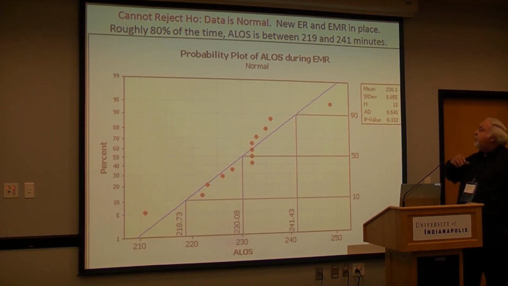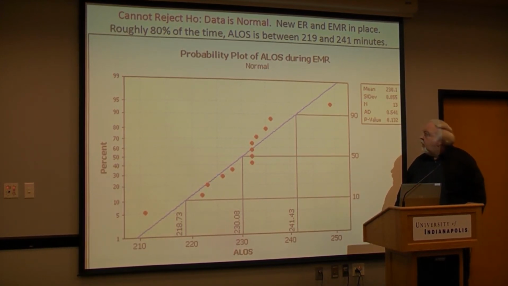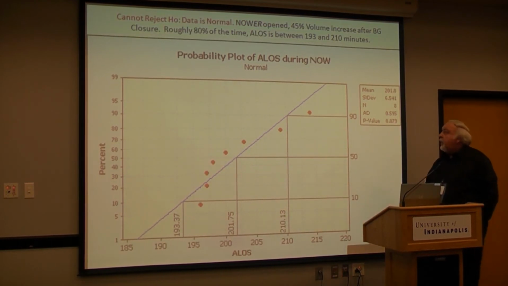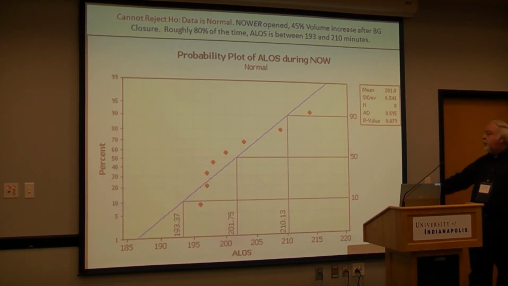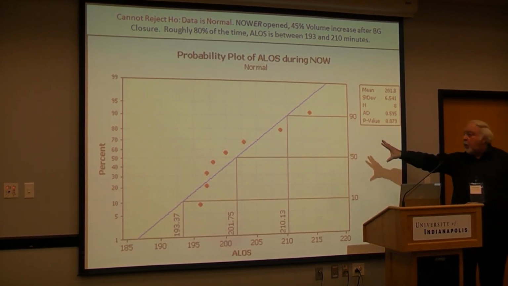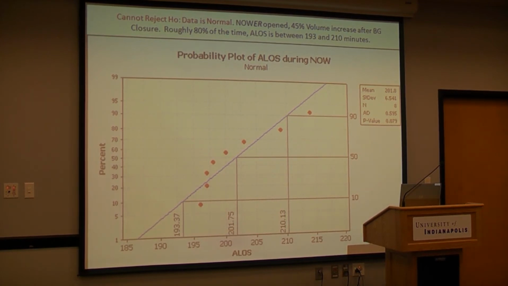the average length of stay for the entire emergency room is now down in the vicinity of 230 minutes, but in that Now ER, it's down to about 200 minutes. Okay, so that's what we're working on now, to try to improve that. And I'll bet you can guess where the biggest factor is in slowing that down.